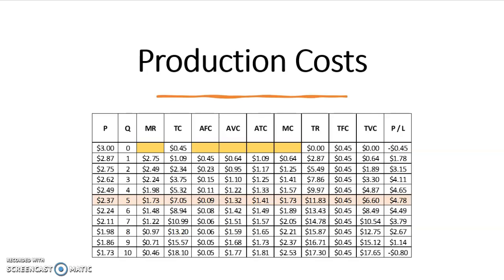We will be using marginal revenue and marginal cost to determine the profit maximization price and quantity. You will notice on this chart that the row with 5 units is highlighted, as this will be our profit maximization point, where production is best and our marginal cost and marginal revenue are equal.